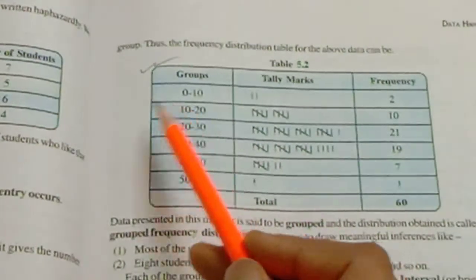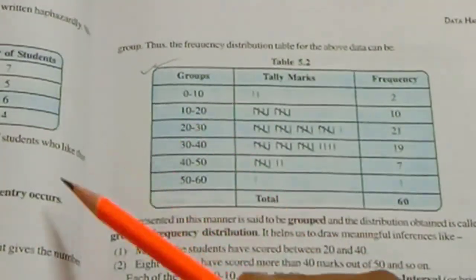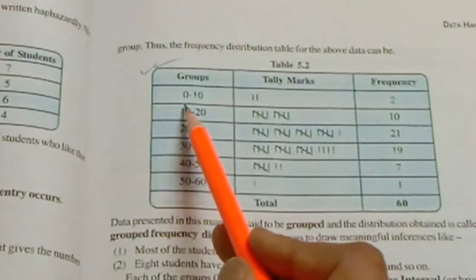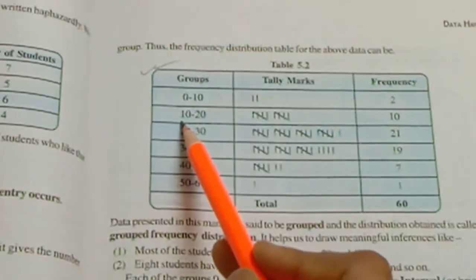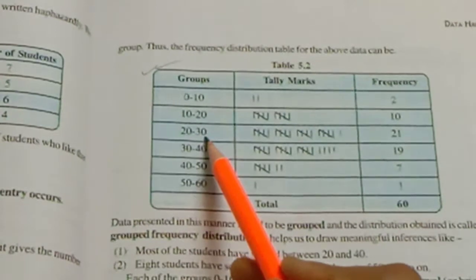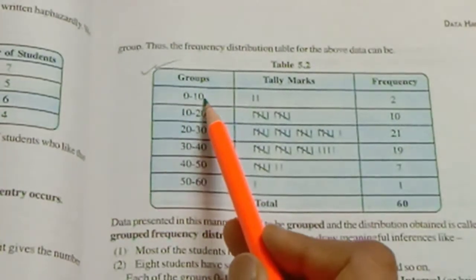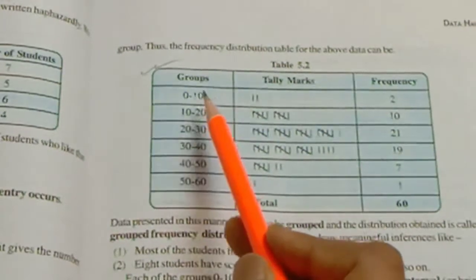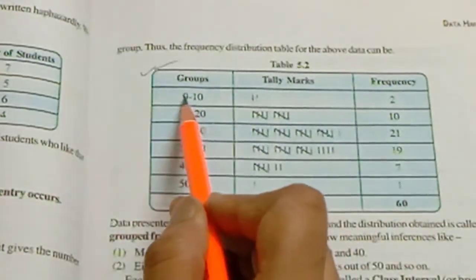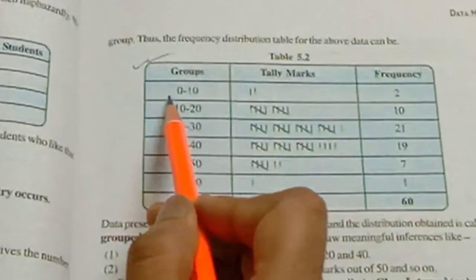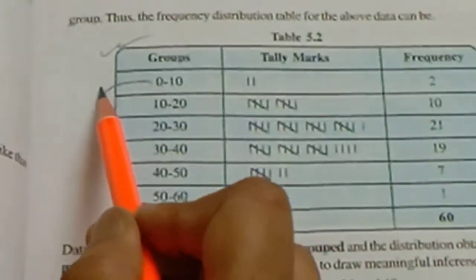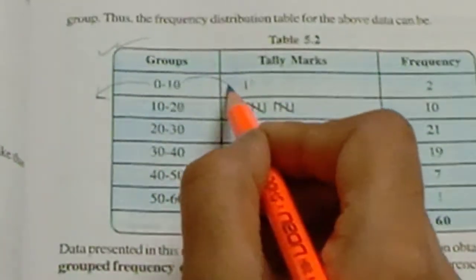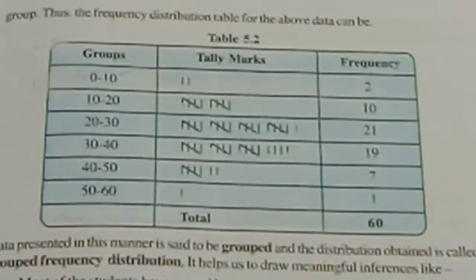Say the data I showed on the previous page, we are arranging as 0 to 10, then 10 to 20, 20 to 30. You can see that 10 is in the last part of one group and in the first part of the next. The first and the last have names.